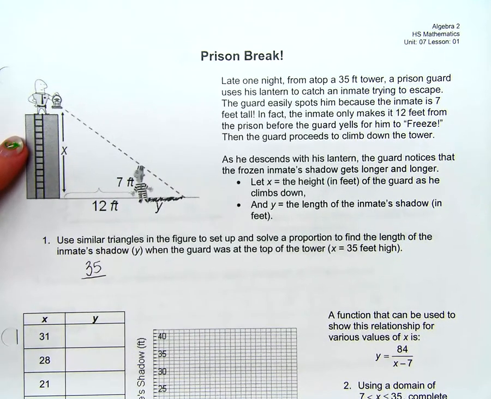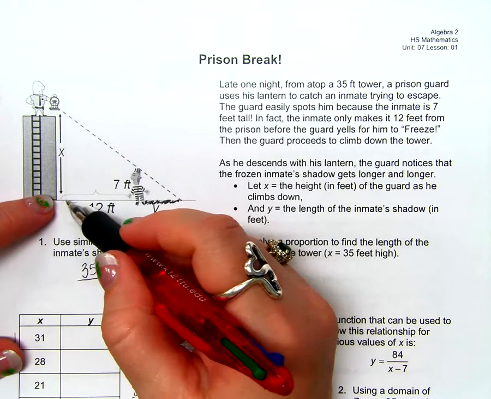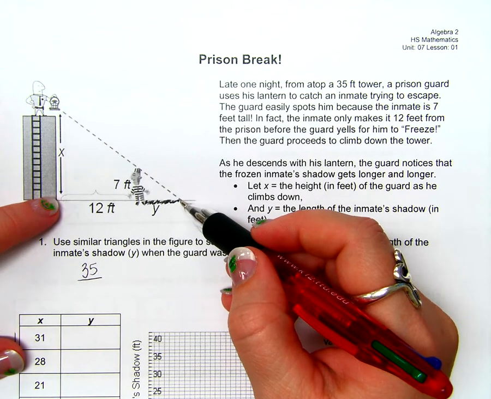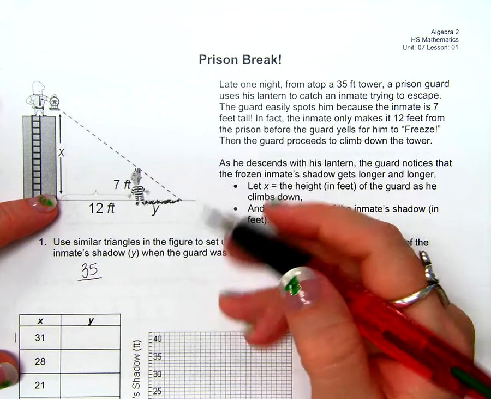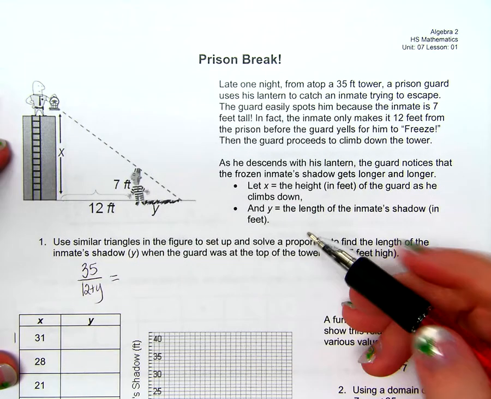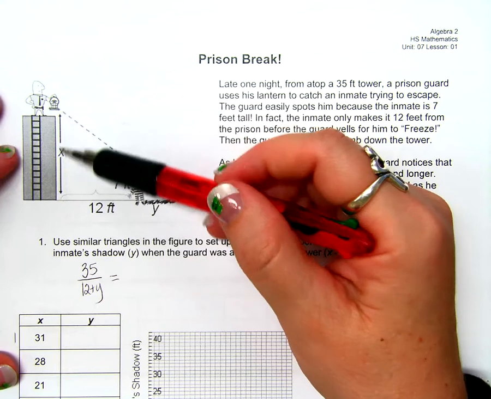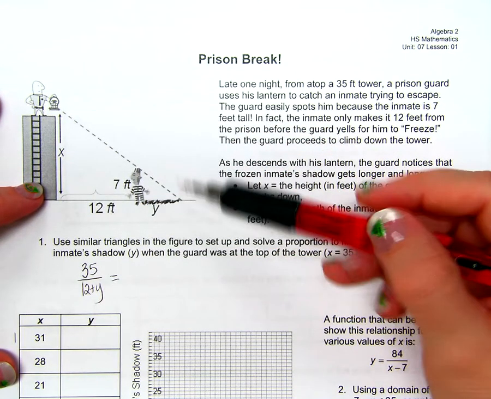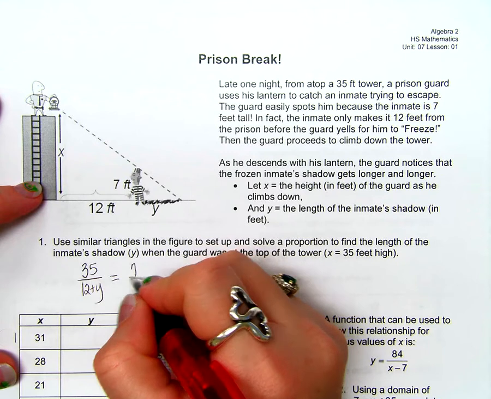Fair enough? Over what? What's the length from the bottom of the tower to the end of the shadow? 12 plus y. Excellent. Equals what? If we did height and then length, then we need to do height and length, don't we? So 7 over y.